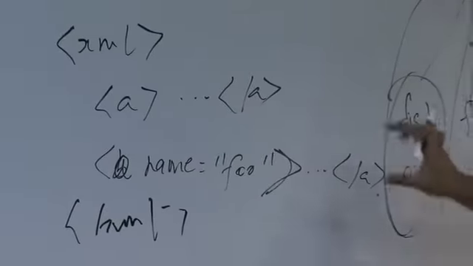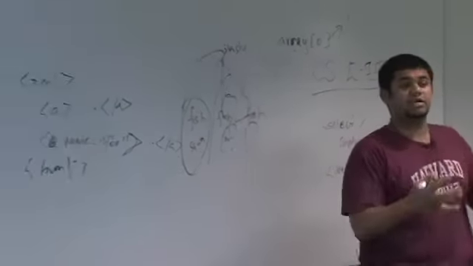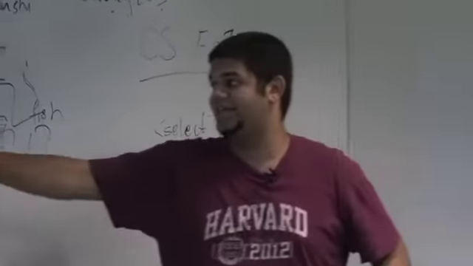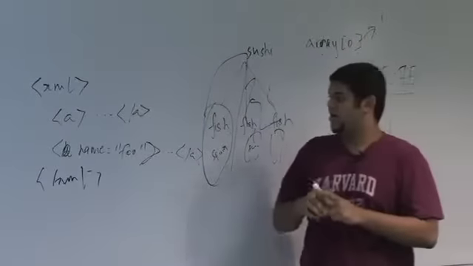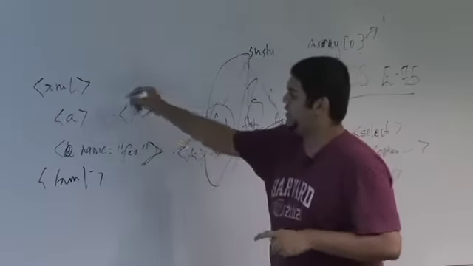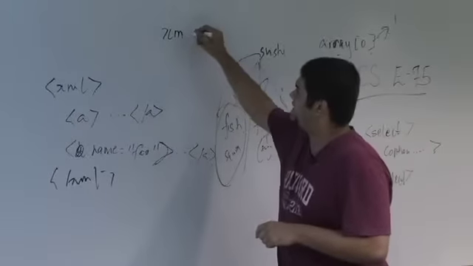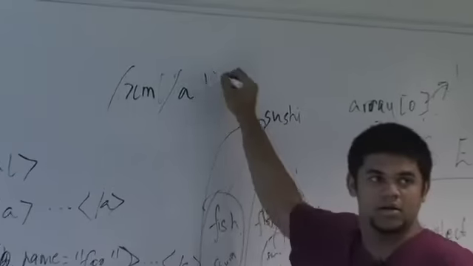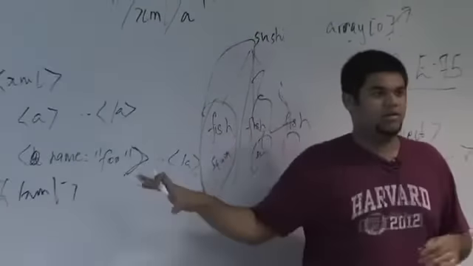So let's say we want to query. So let's think of this. Think of like a collection of books, for instance, where you're specifying the genre of the book. So I've tagged each of the book with its genre. So I want to get all the books that are about cooking. So when I query in expat, let's say I want all the A's, all I would say is XML /A. This would be the expat string that I use to get each of these things in an array, right?